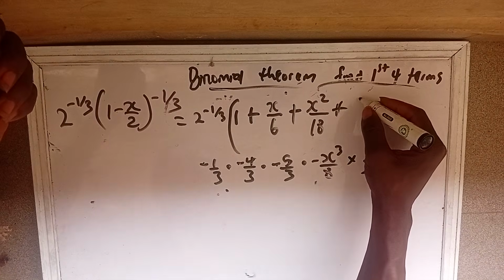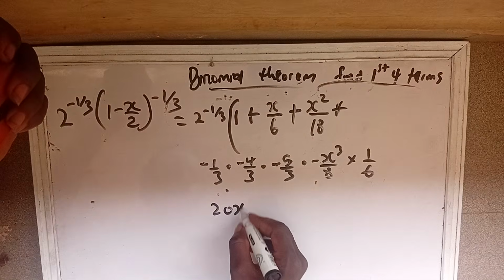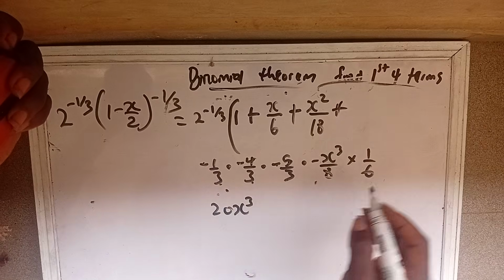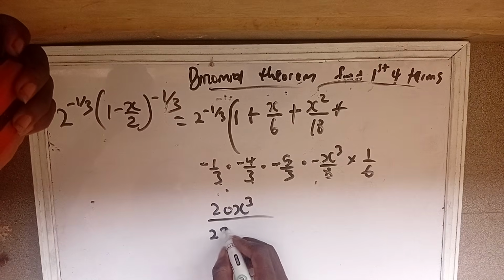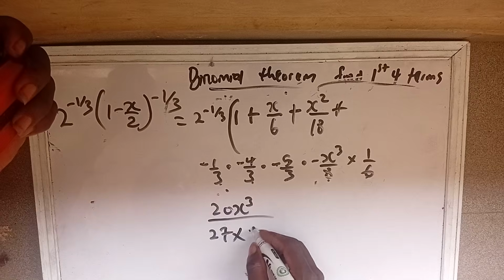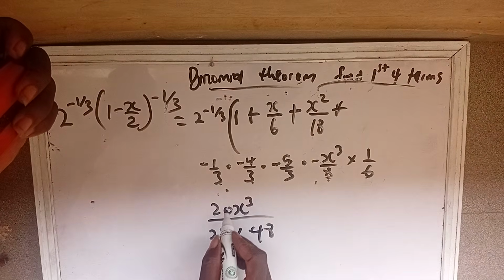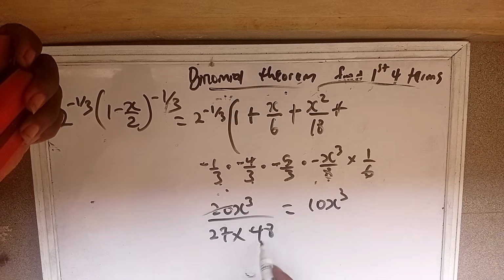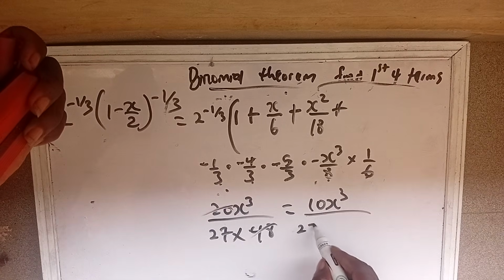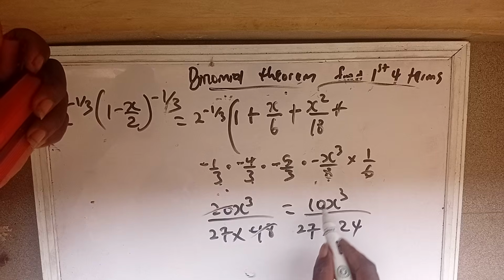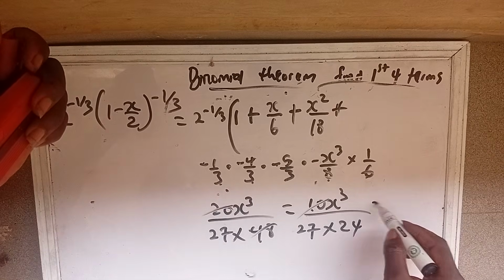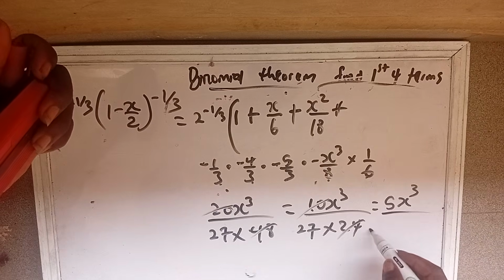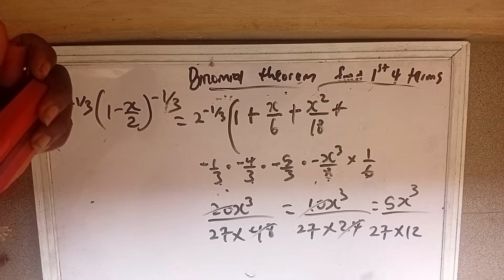We have 20x cubed. 3 times 3, 9 times 3, 27. Right? 20x cubed over 27 times 8 times 6, 48. Right? 2 here, 10x cubed. 2 here, 27 times 24. 2 here, 5x cubed. 2 here, 27 times 12.